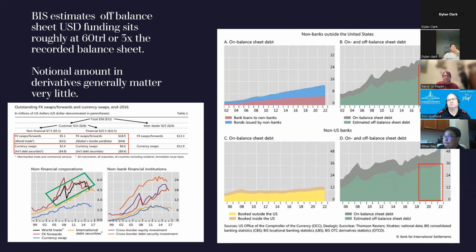Now, on this chart, the Forex derivative notionals, in red, sitting on corporate and banks balance sheets outside the United States, show a positive relationship with the amount of world trade, which is the black line here. So say that again: the Forex derivative notionals sitting on corporates and banks balance sheets outside the US show a positive relationship with the amount of world trade.